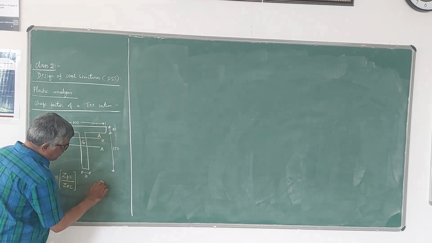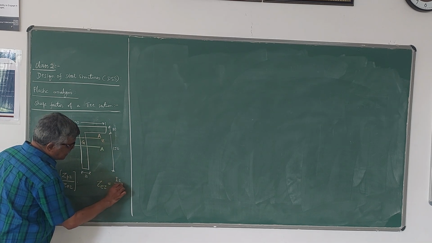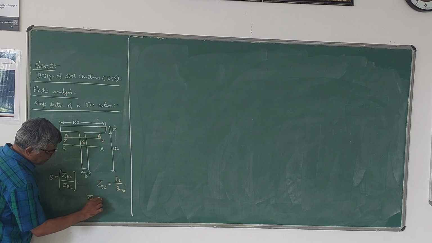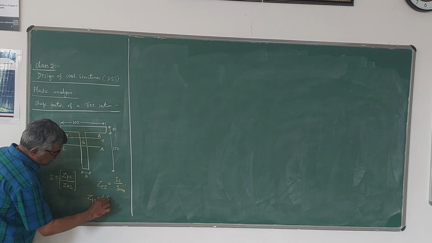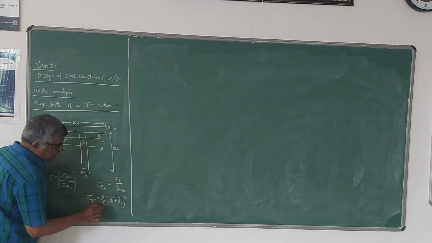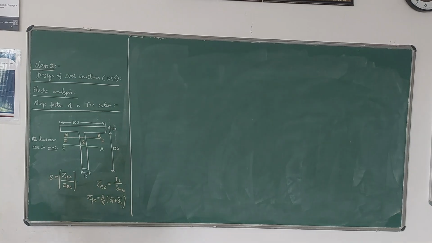Elastic section modulus is given by ZEZ equals IZ divided by Y max, whereas plastic section modulus ZPZ is given by A by 2 into (Y1 bar plus Y2 bar). I have explained all these in the first class lecture.